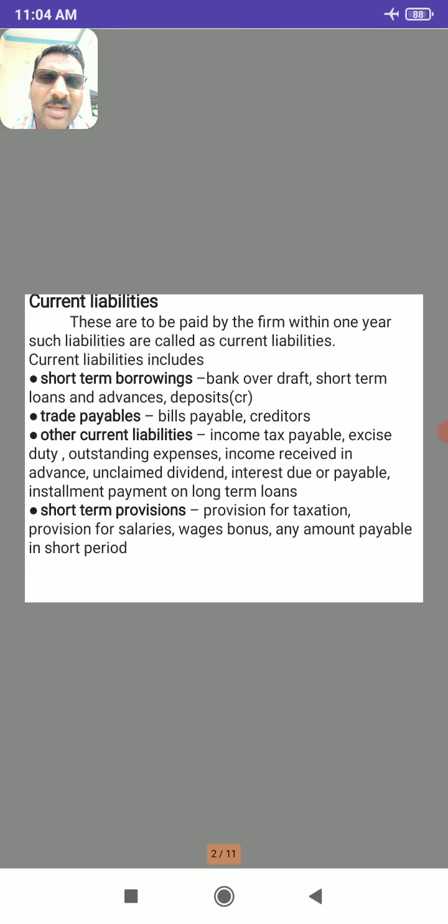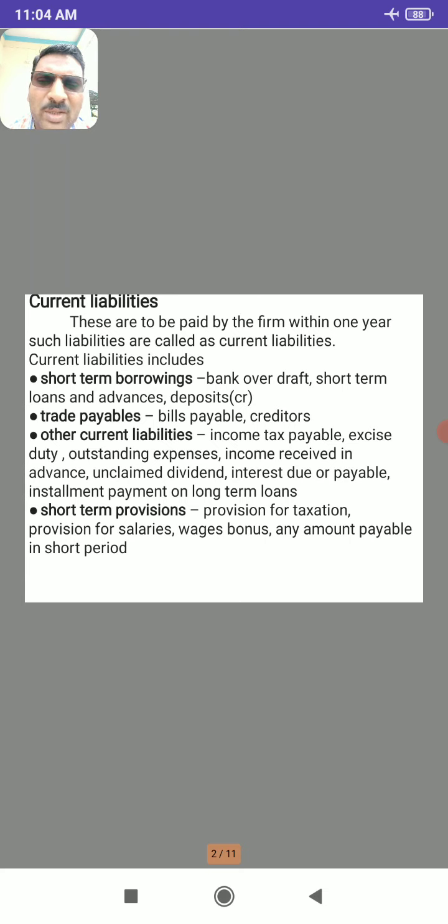Current liabilities include short-term borrowings like bank overdraft, short-term loans and advances, deposits, trade payables like bills payable and creditors, other current liabilities like income tax payable, excise duty, outstanding expenses, income received in advance, unclaimed dividend, interest due or payable, installment payment on long-term loans.